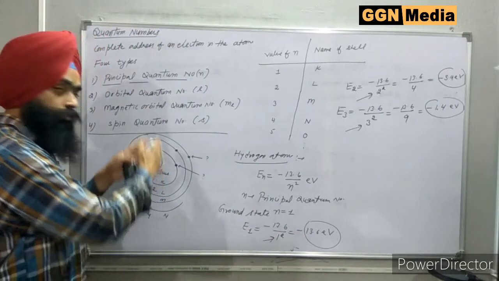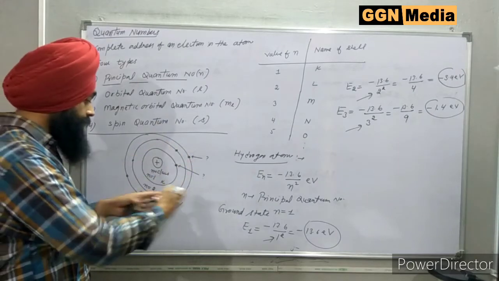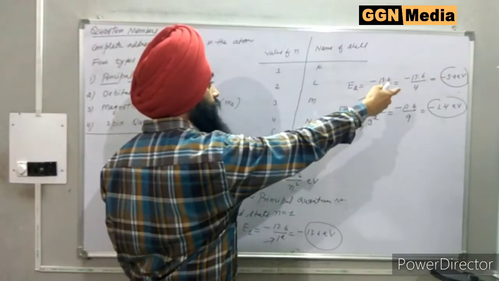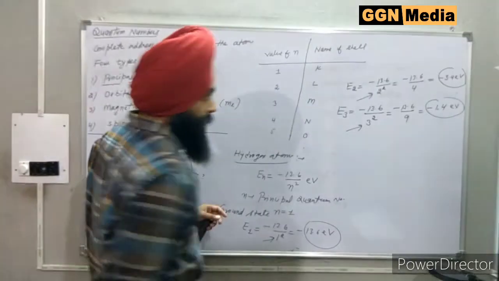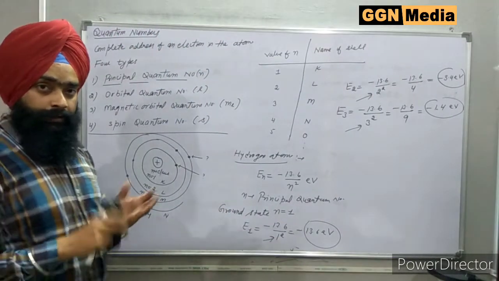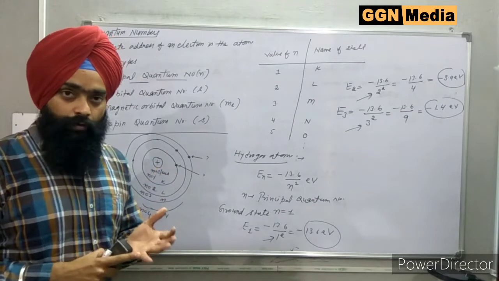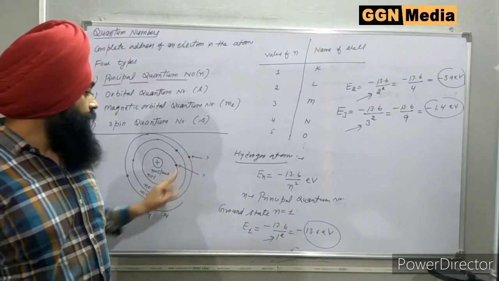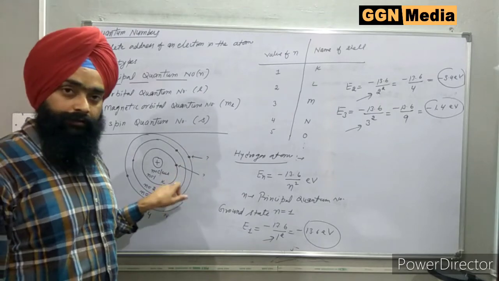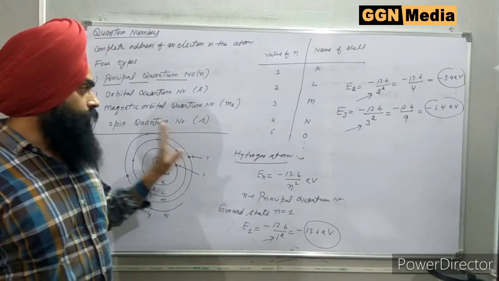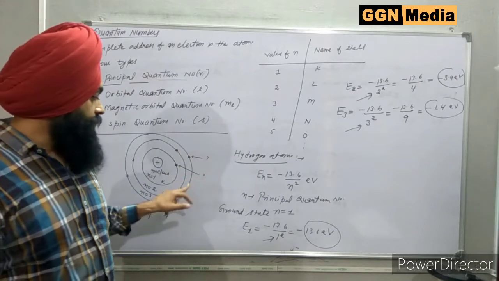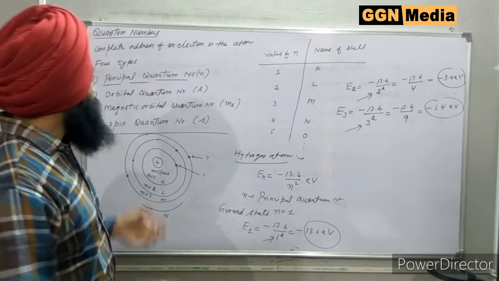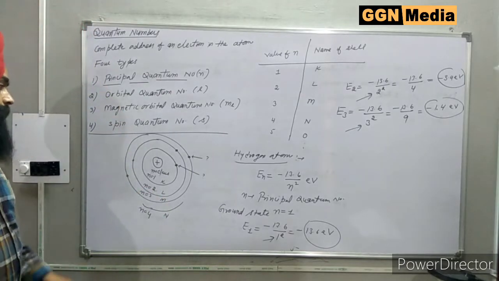If the electron goes to the first excited state, that is n is equal to 2, the energy becomes minus 3.4 electron volt, and so on. So again I repeat, the n, which is called principal quantum number, represents the main energy of the shell in which the electron is present. If there are more than one electron present in a particular shell, the energy of those electrons is almost same according to this principal quantum number.